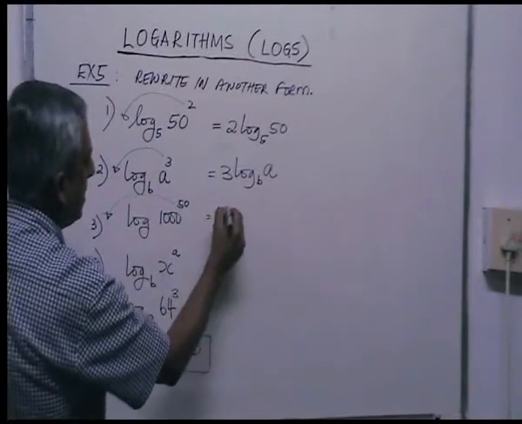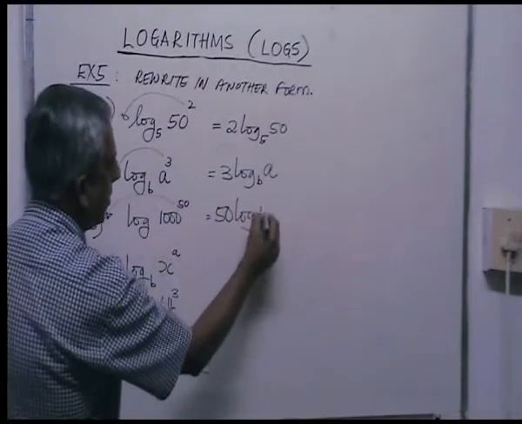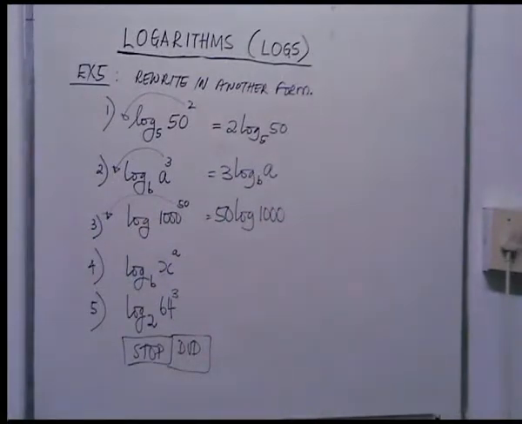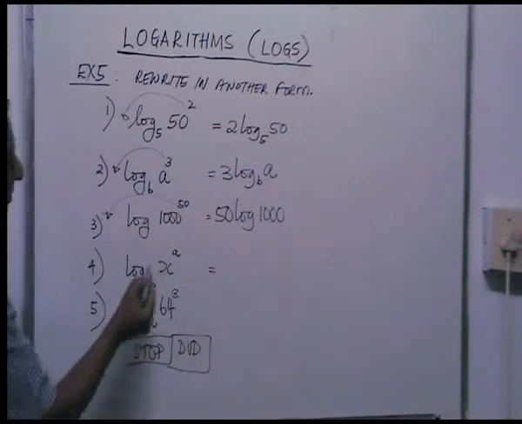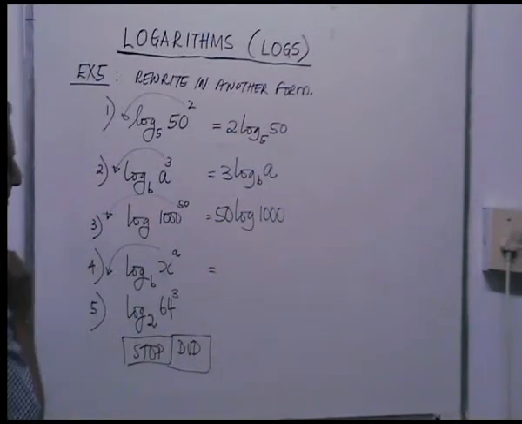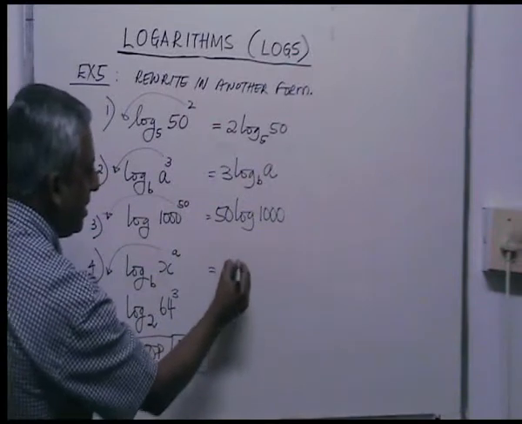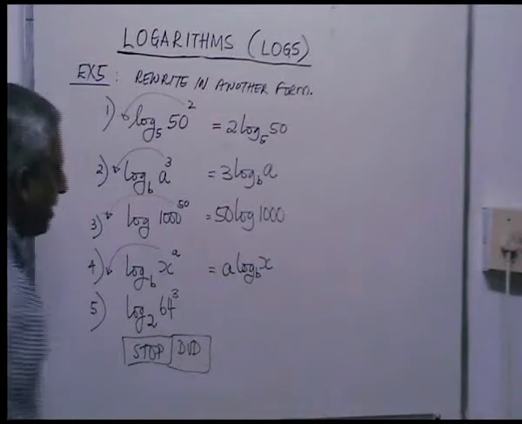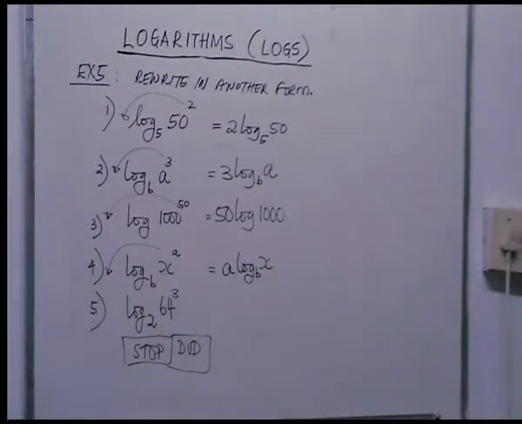Answer will be 50 log 1000. No base written, base is understood to be 10. Number 4, the a comes to the front. So it will be a log x to the base b.